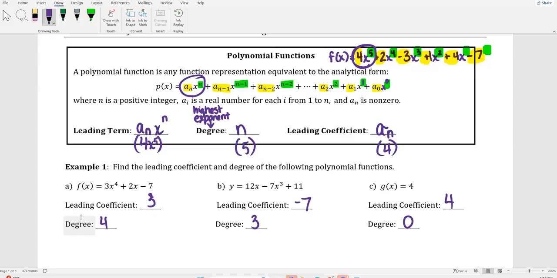As I walk around, I'm seeing a lot of right answers, but I'm also seeing quite a few that are wrong. Check with your neighbor and see if you are getting the same thing. Mostly on B and C. I think most everybody had A right.